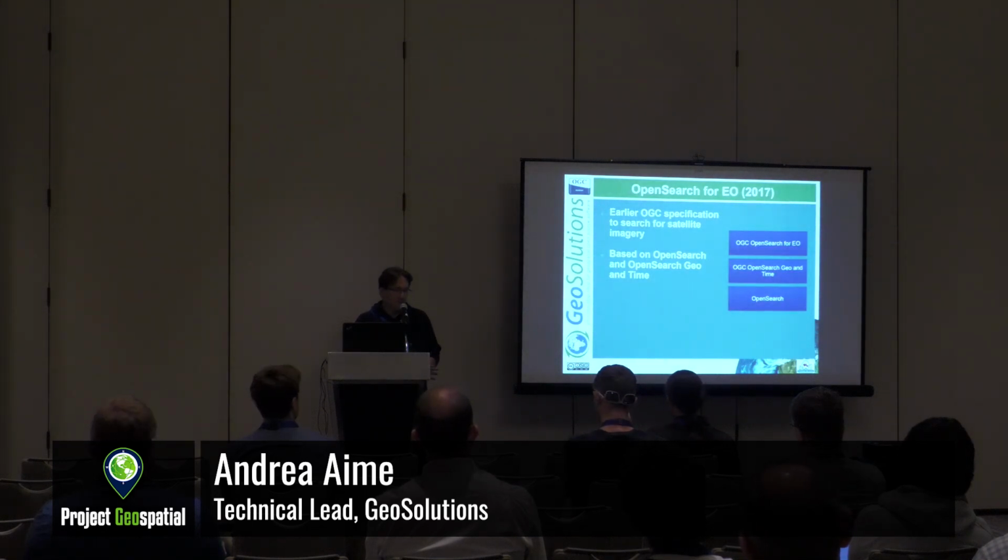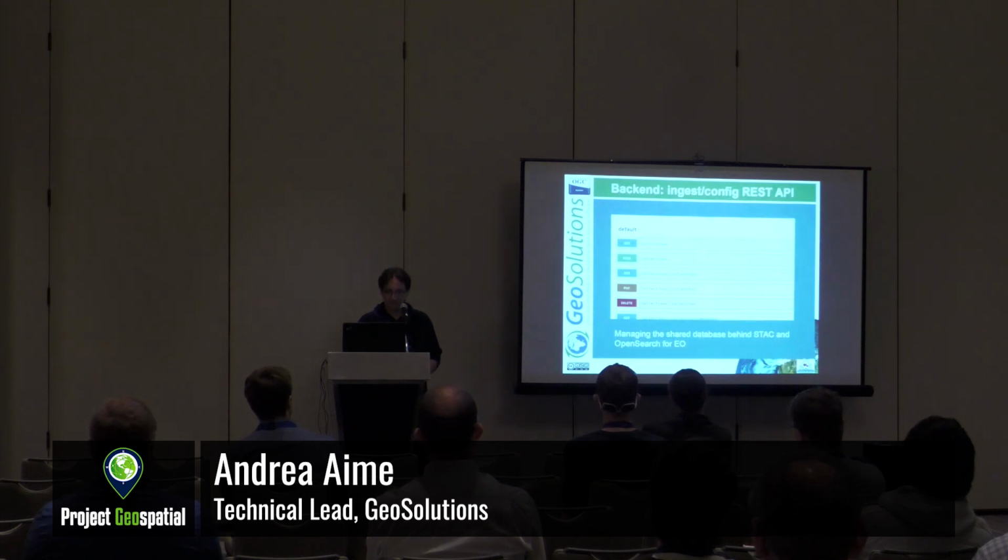All of this is based on a database which was actually built for an older specification, OpenSearch for Earth Observation, a 2017 specification, and GeoServer still supports it. So if you need to use this older version of the service, you can do searches using OpenSearch for EO.